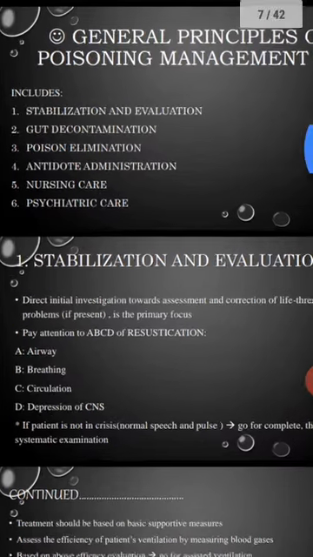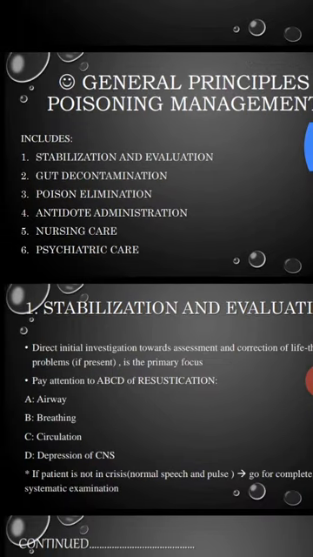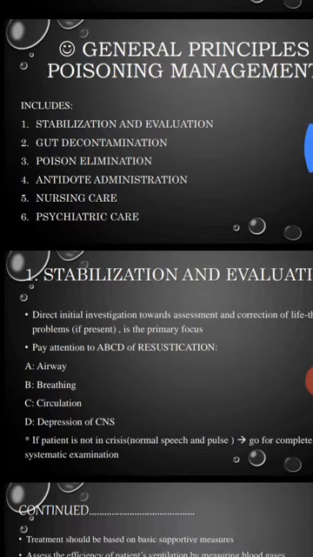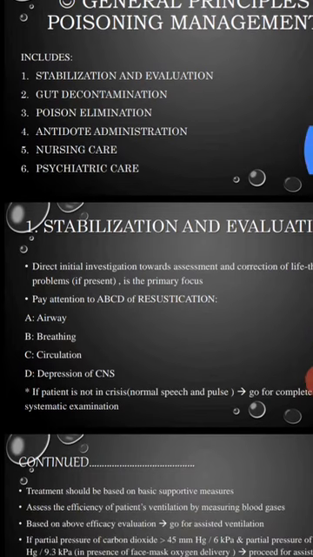So these are the 5 or 6 steps you have to do: stabilization and evaluation, decontamination of the gut, also called gut sterilization, gut decontamination, poison elimination, administration of antidote, nursing care, and psychiatric care.